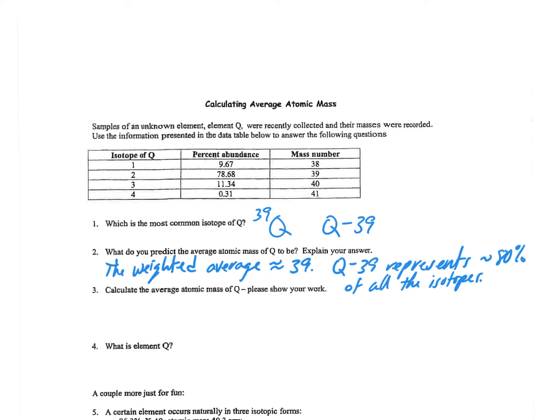Why is that? Because Q-39 represents about 80% of all of the isotopes of element Q.